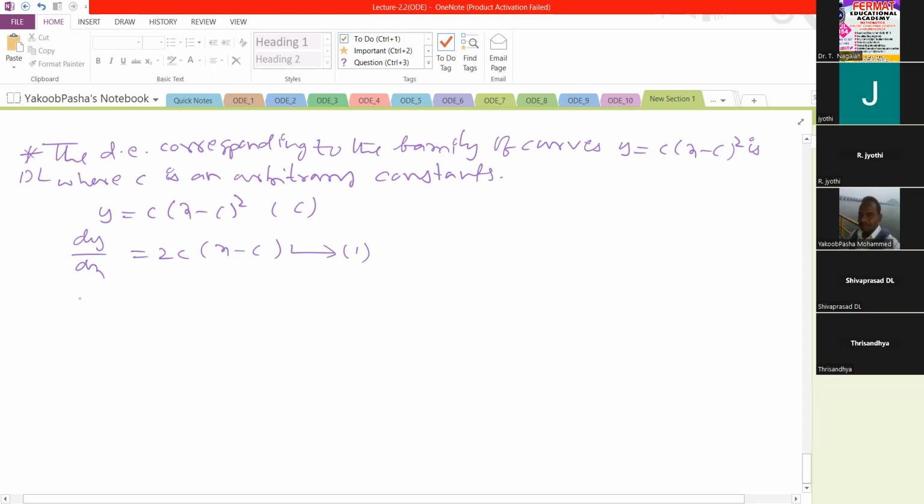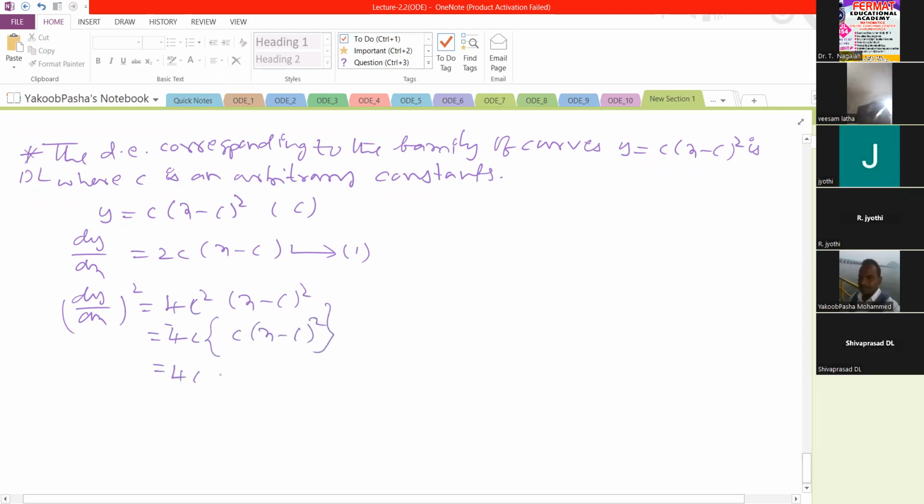Now squaring on both sides, we will get dy by dx whole square, that is equal to 4c square into x minus c whole square. So you can write this as 4c into c into x minus c whole square.